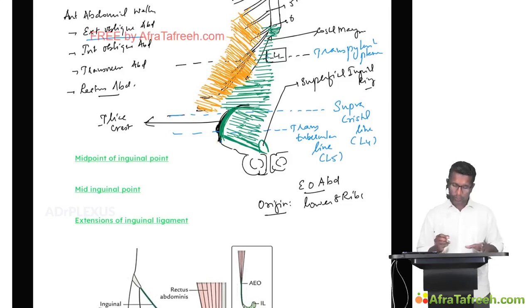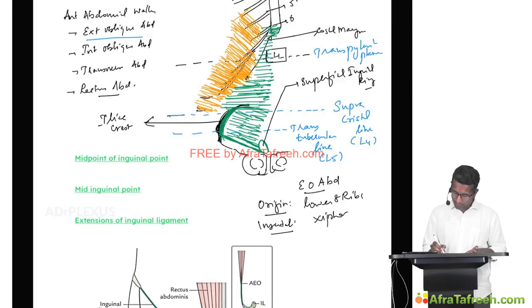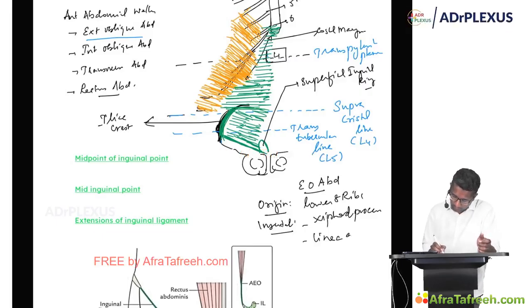So this muscle gets inserted into the xiphoid process and into the linea alba. They form the linea alba, which encloses the rectus abdominis muscle.